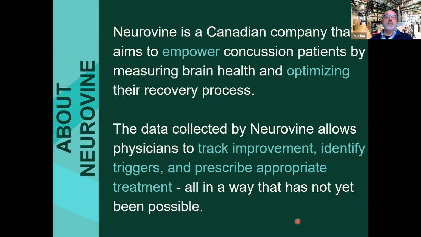However, there's no devices available for helping patients manage their own brain health. So the vision of Neurovine is we want to put brain data into the hands of individuals so that they can take more control over their health. We're using evidence-based medicine to create solutions for the brain health market. Our first product is focusing on helping people recover from concussion. At Neurovine, we're doing a lot of interesting digital signal processing and machine learning to help people recover from concussion.